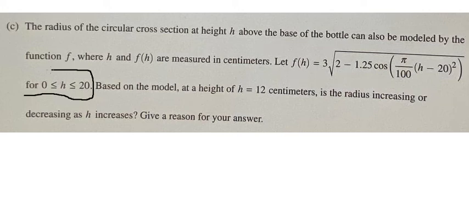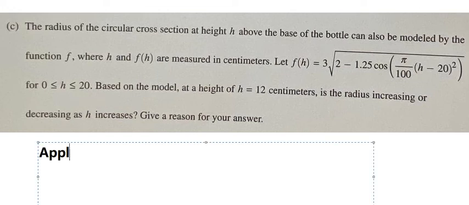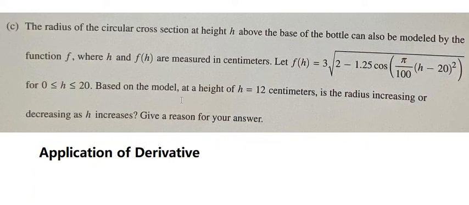From 0 to number 20, based on the model at a height of h equals 12 centimeters, is the radius increasing or decreasing as h increases? So they want to apply about application of derivative. So we have the function in here.